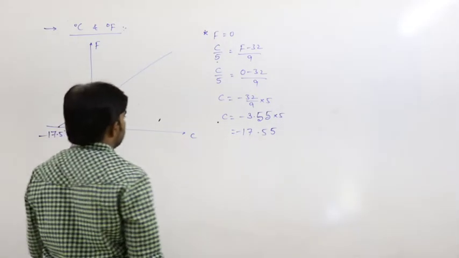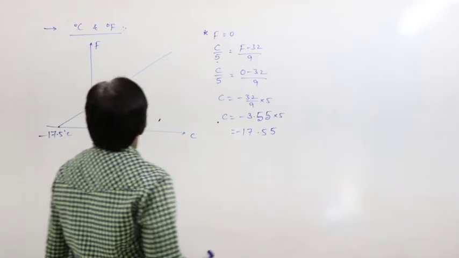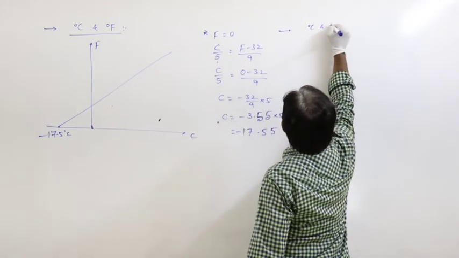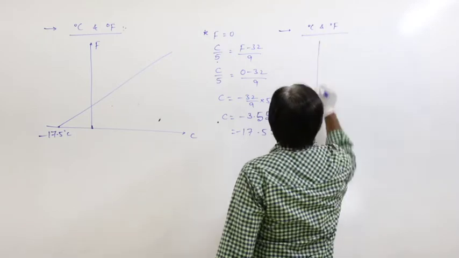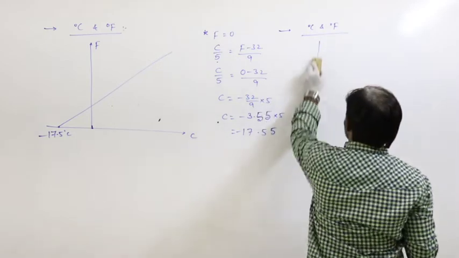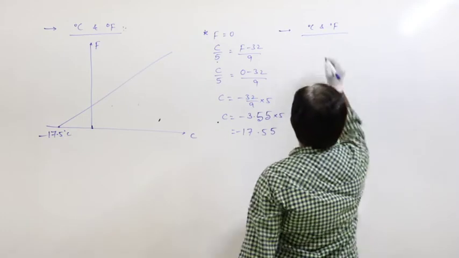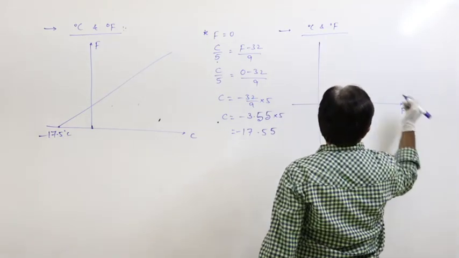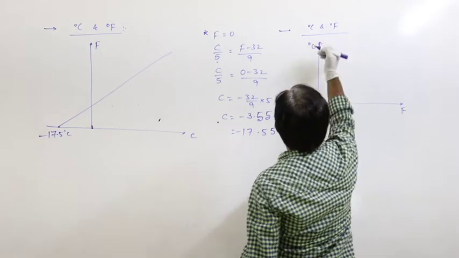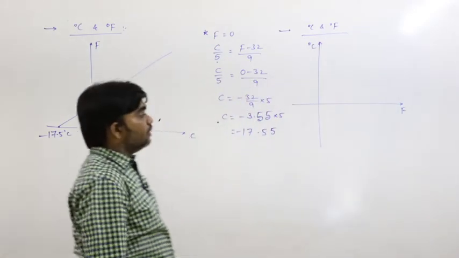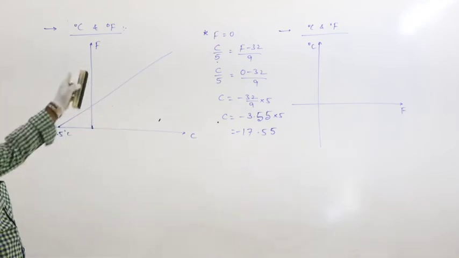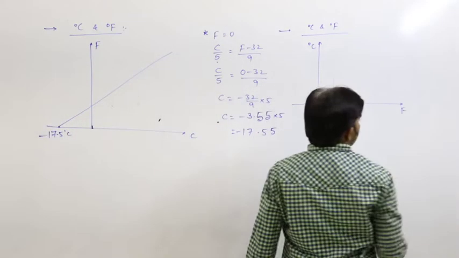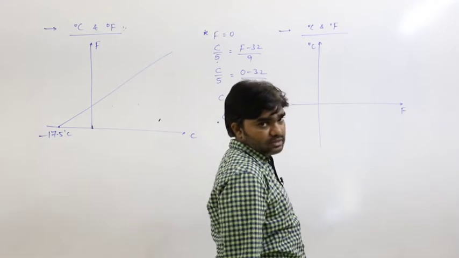Next, again between Celsius and Fahrenheit, here the graph is different. Fahrenheit is taken along the x-axis and Celsius along the y-axis.